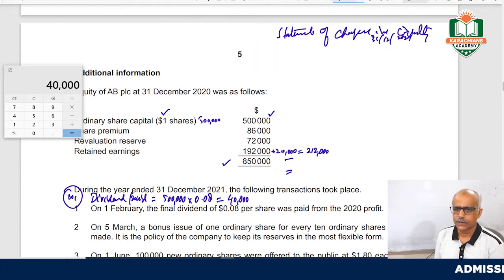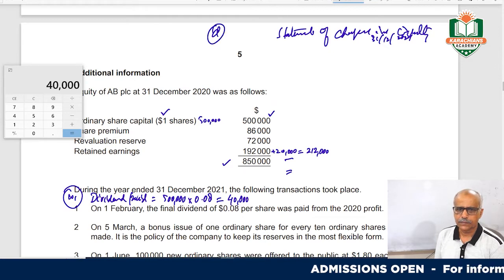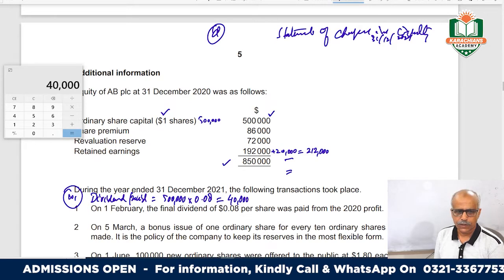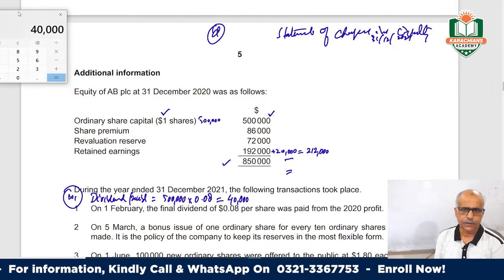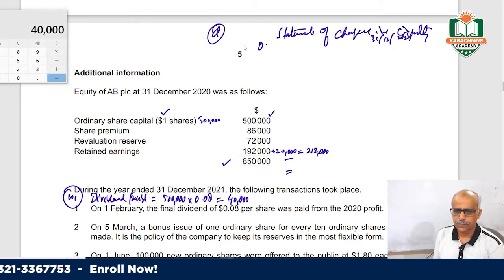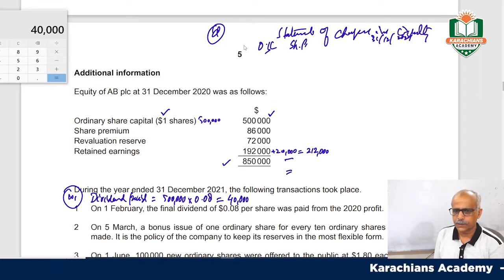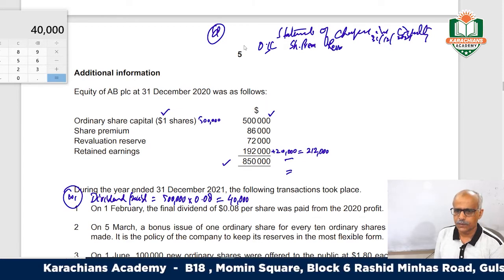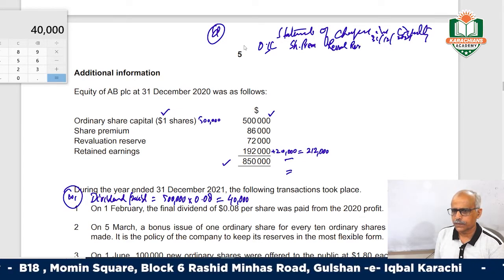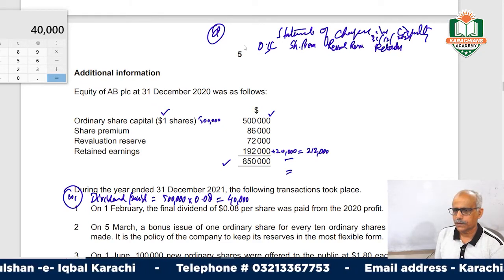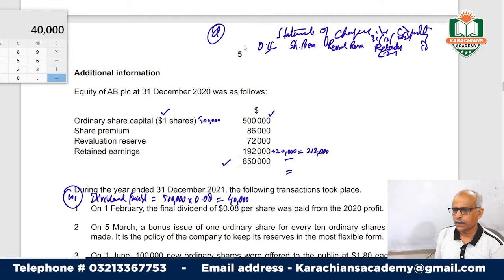We have to finish this very quickly. We need columns for ordinary share capital, share premium, revaluation reserve, retained earnings, and then total.